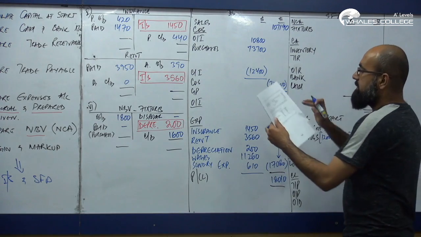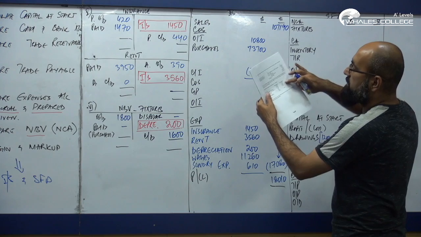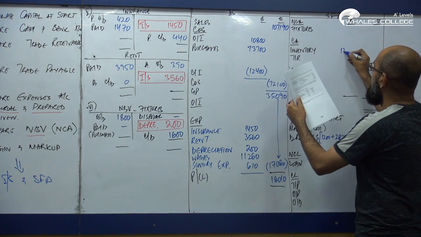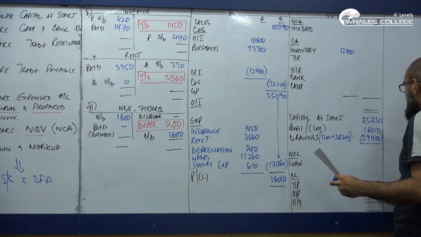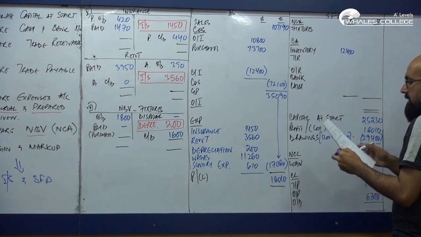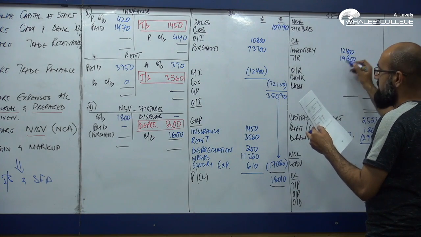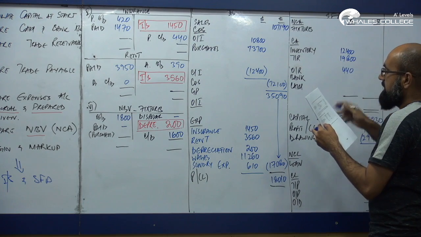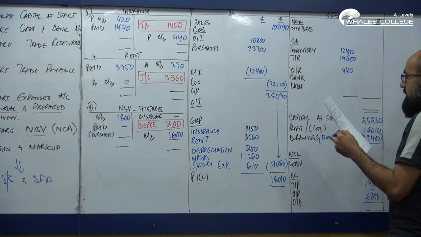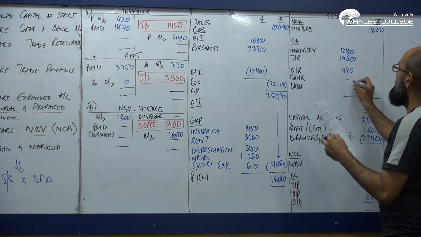Just take the last, 2012 tower: inventory 12,400, trade payables 14,100, trade receivables 19,800, and insurance prepaid 440. Rent owing, we don't have any rent owing over here. Fixture 1,600. That's all.